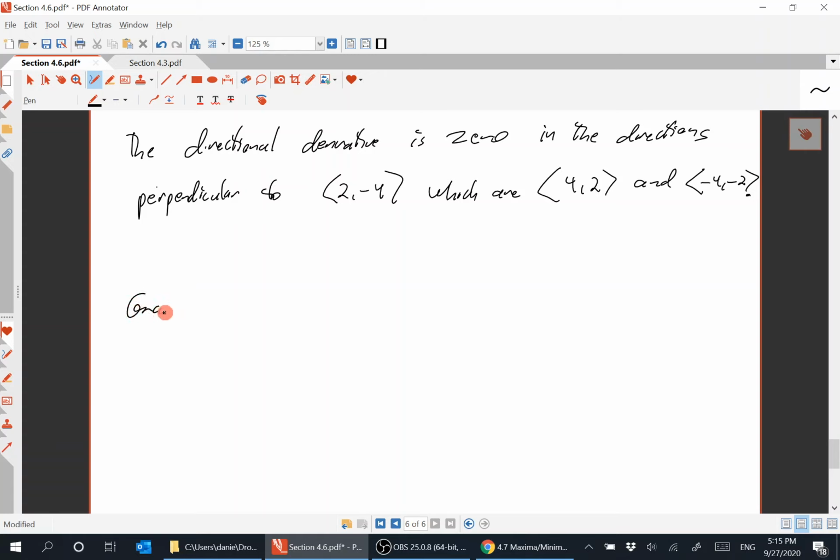So the gradient vector and level curves.